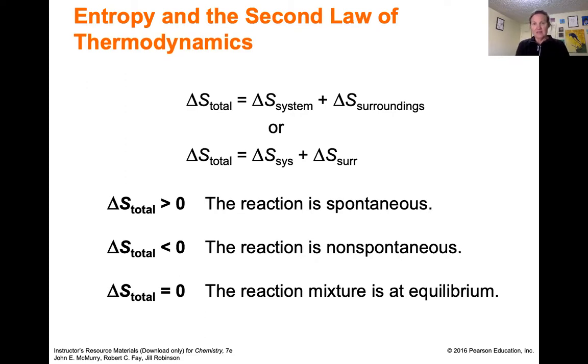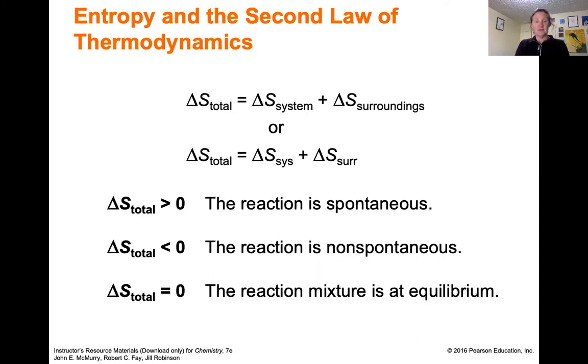So if we have the delta S of the system plus the delta S of everything else, so that might be a reaction flask you're carrying out your reaction in, and then everything else is the surroundings. If we add the two together, in the second line they're just showing you it's easier to abbreviate, makes it shorter. The reaction will be spontaneous if the universe's entropy goes up.